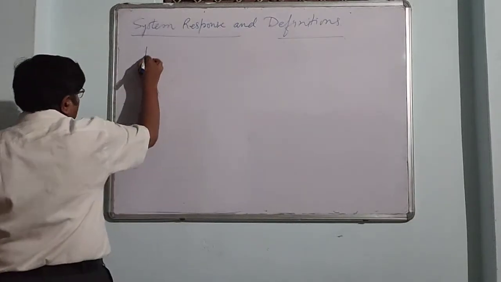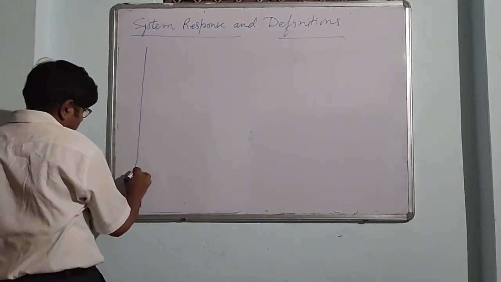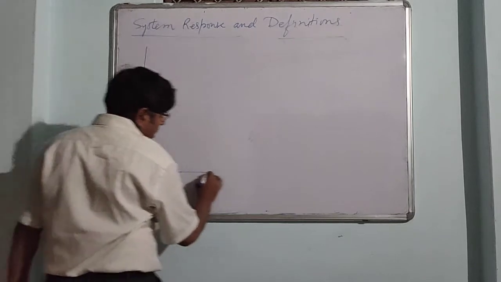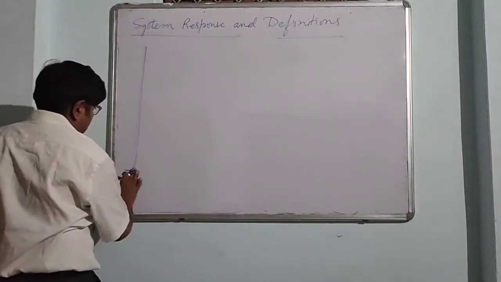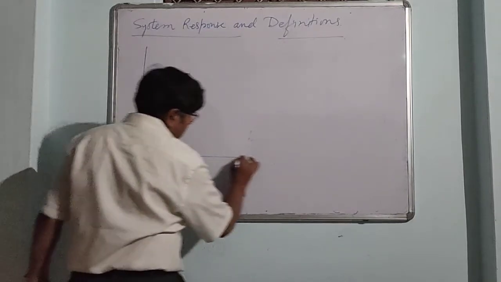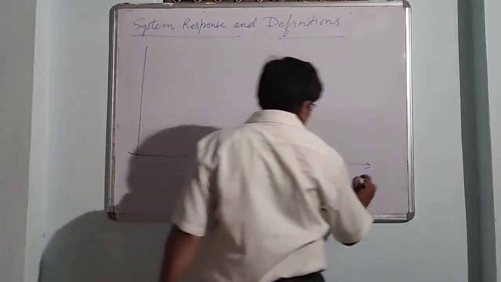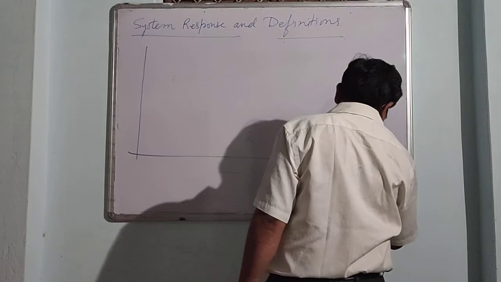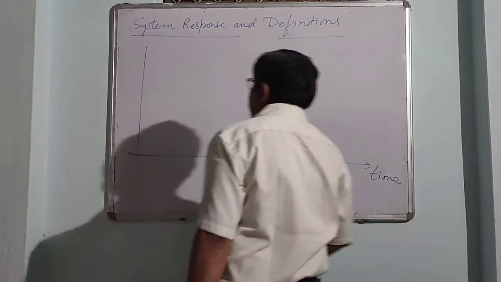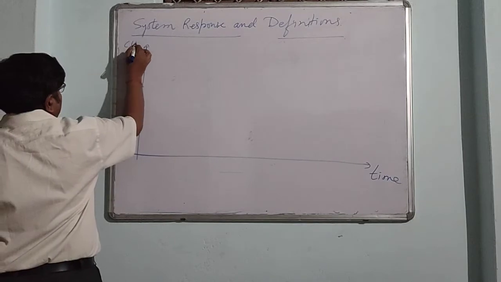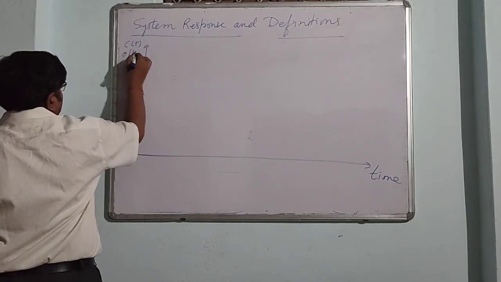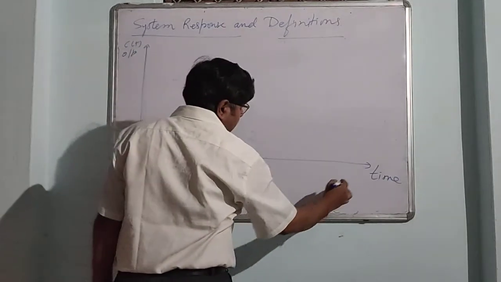Suppose here on the y-axis we are taking output and we can take the x-axis as time, and this is t.